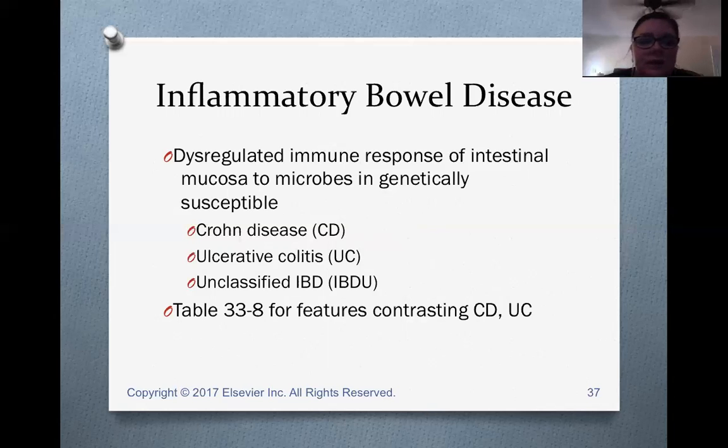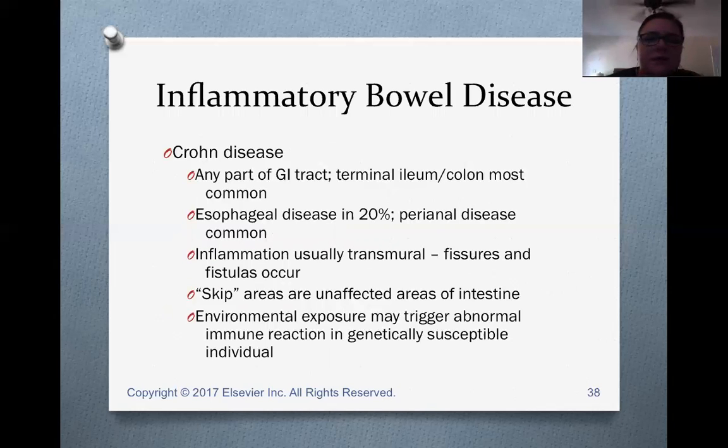And I just wanted to point out that Crohn's disease and ulcerative colitis are the same exact process going on in the body, but Crohn's disease will affect any part of the GI tract. So this can start up in the mouth and go all the way down to the rectum. So people will have recurrent flares or exacerbations of Crohn's, to the point where they're having horrible diarrhea and abdominal cramping and bloody diarrhea.